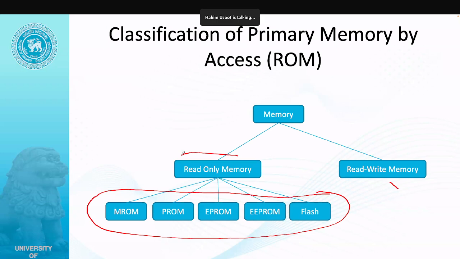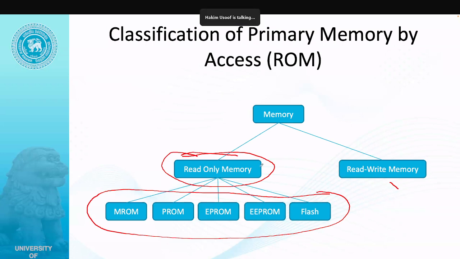A program is stored on the ROM of the computer because you don't want it to get erased. Because if it did erase, next time the computer can't start because it doesn't have the instructions on how to start. So the startup program of a computer is stored in this ROM.